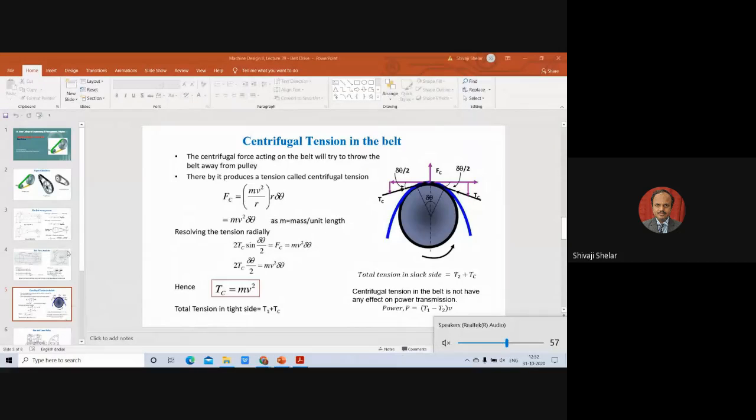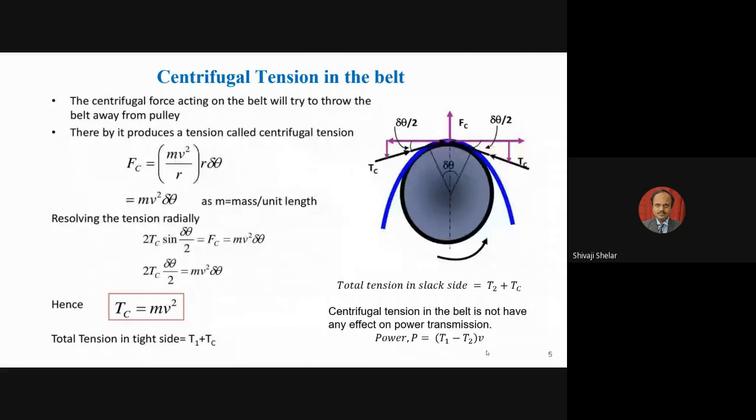Now, this is the basic and preliminary analysis we need to use while starting the design. Understanding the various tensions in the belt: tight side tension, slack side tension, centrifugal tension. There is a relation between centrifugal tension and T1.